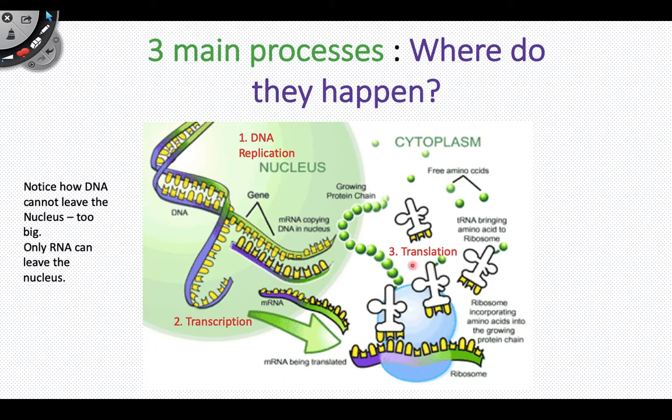The third process is translation, which is making proteins, where RNA makes proteins, and it happens in ribosomes that are free-floating in the cytoplasm of the cell. So all of this inside the cell, right? Now keep in mind that DNA cannot leave the nucleus. It is too big. So it needs to make a messenger, known as messenger RNA, to leave the nucleus, and it leaves the nucleus through the nuclear pores.